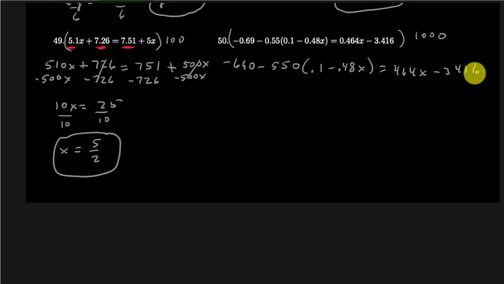Now, here you're probably just going to have to get a calculator. You've got to distribute this. Okay? So that's negative 6. Now let me get back to the right color marker. So you've got negative 690 minus, and then we got 550 times 0.1 is 55.